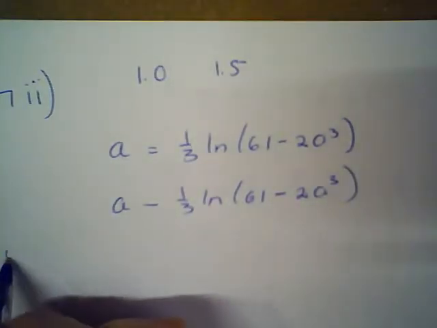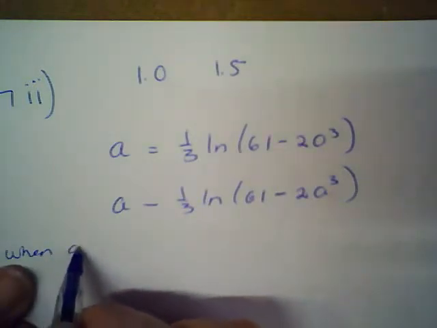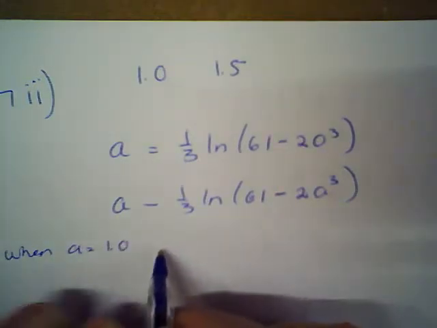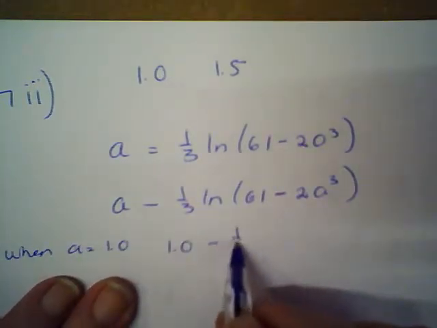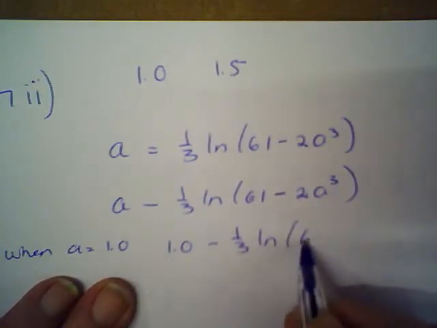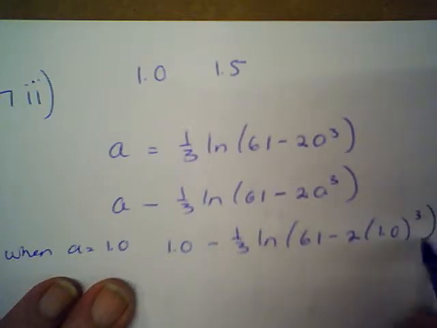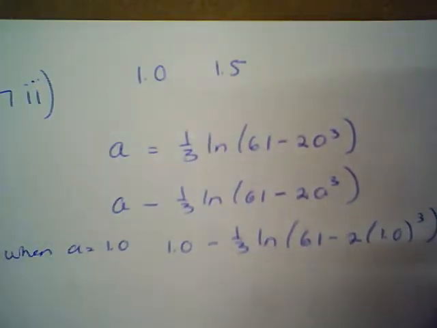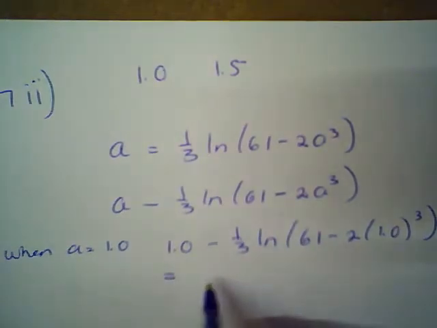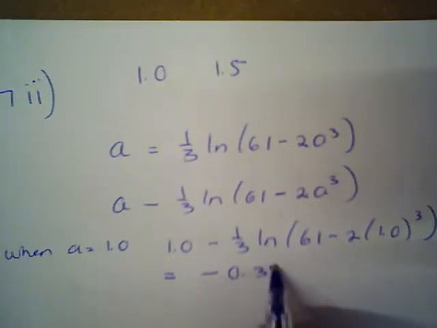So now we're going to state when a equals 1.0, so we'll have 1.0 minus 1/3 natural log 61 minus 2 times 1.0 cubed, and I can get an answer. Let me write it here underneath. Okay, that would give us, let me quickly do that, negative 0.359.